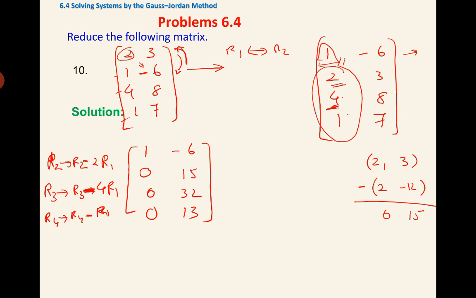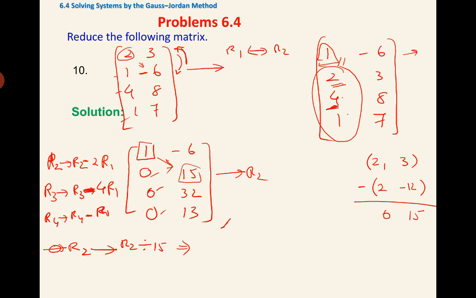See, we have got leading entry 1 in the first row and all other column elements are zeros. Now we have to get a leading entry here, to the right side of the first leading entry, which is 15 here. So divide the second row by 15. That is the next operation: row 2 divided by 15.